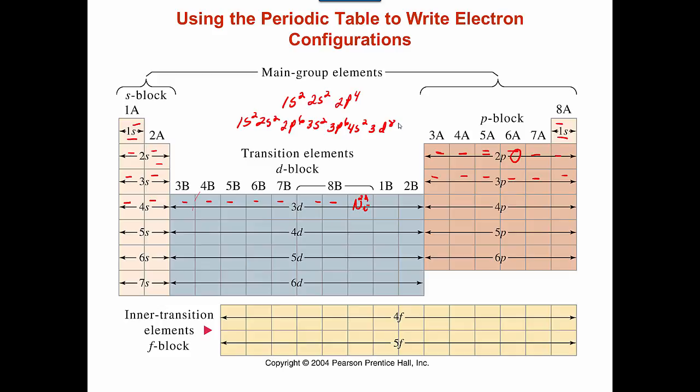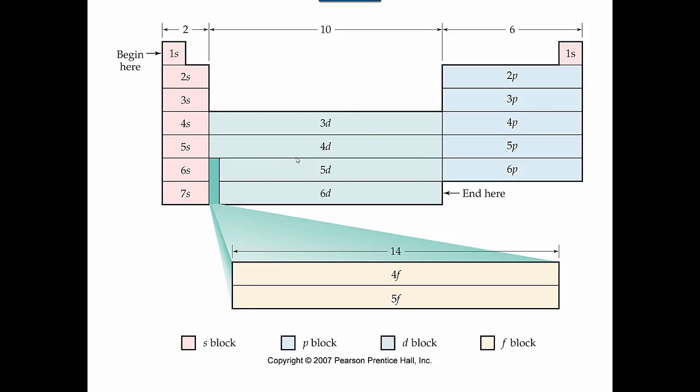So that is the electron configuration for nickel, and that's just using the periodic table. And this is just another example of the blocks on the periodic table. So you can use either diagram, but you should take your periodic table and label the S, P, D, and F blocks.